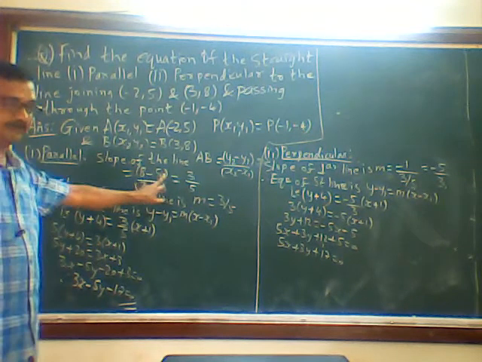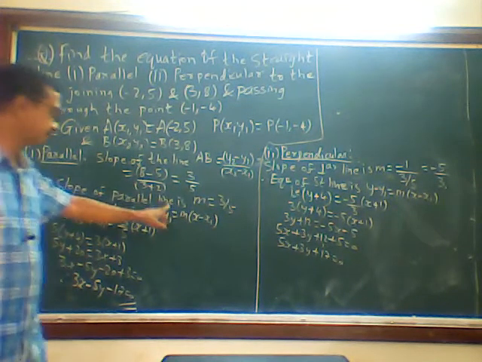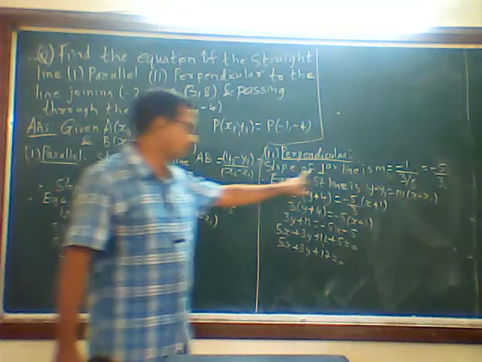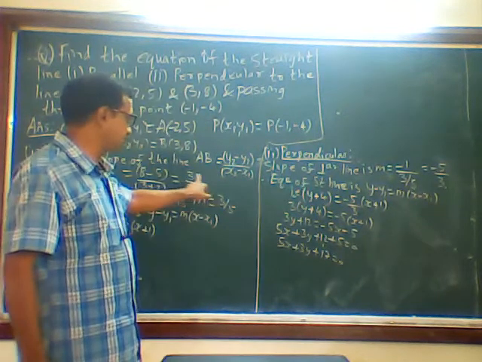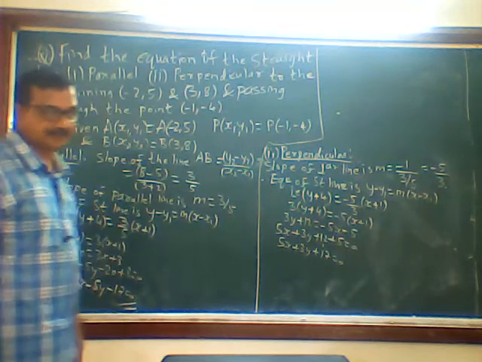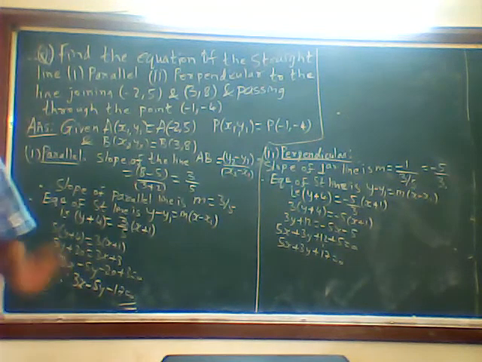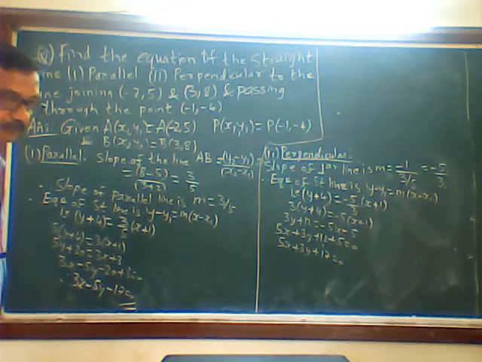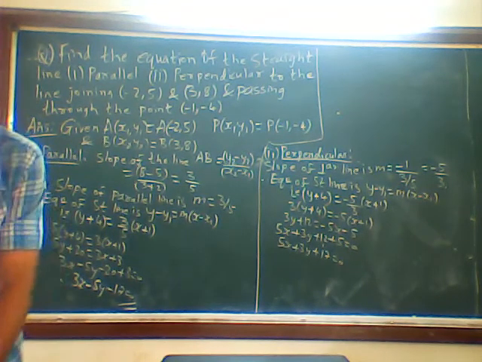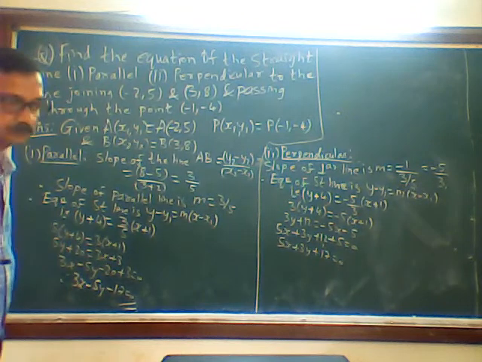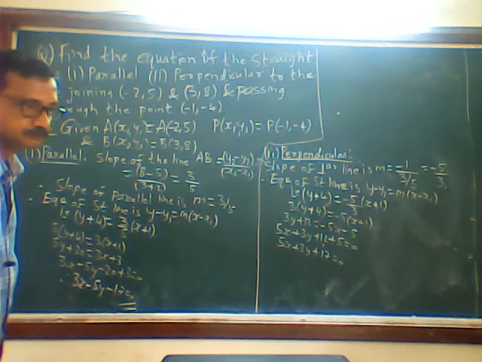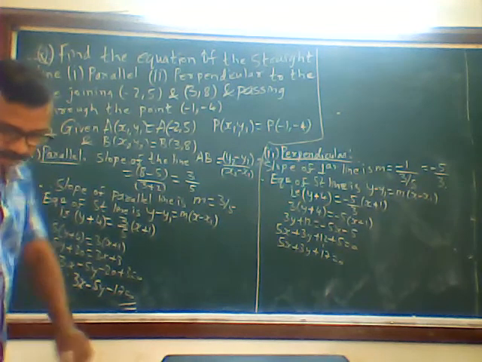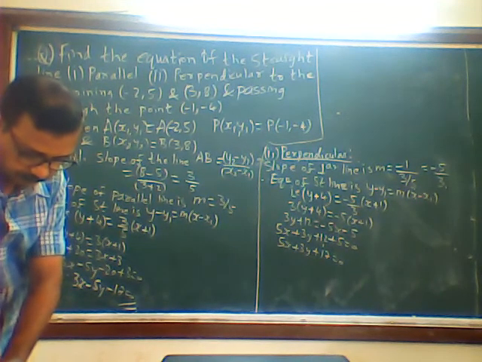That is what we are doing. Therefore, the slope of the parallel line m is equal to the same, whereas the slope of the perpendicular line is minus 1 upon 3 upon 5, which gets inverted with a minus sign. That much you have to keep in mind for perpendicular. Got it? Fine. Okay. We learned that.